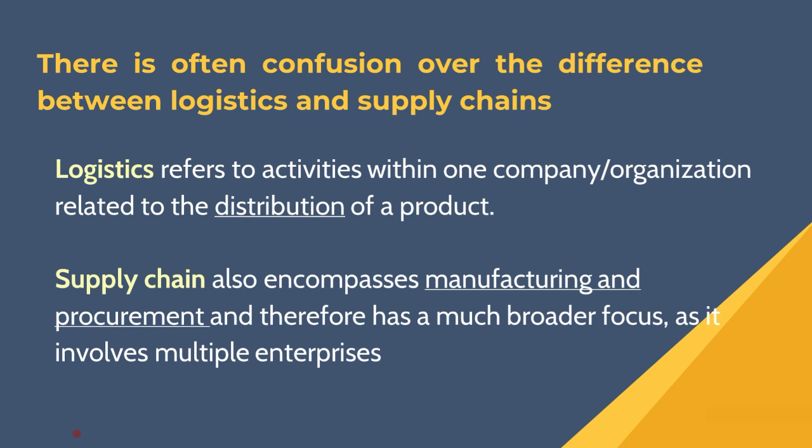So, logistics, it involves or refers to the activities within one company or organization related to the distribution of a product. So, ibig sabihin, kumbaga sa verb, ang aim natin kay logistic is to distribute the product. While for supply chain, ang kanyang aim is to manufacture and procure the product. Okay? As much as possible.